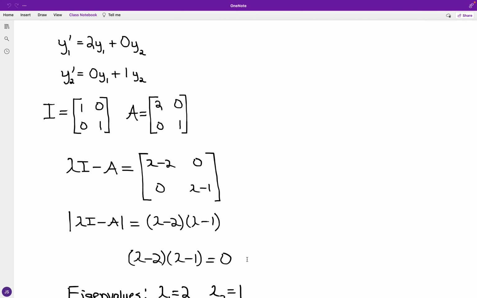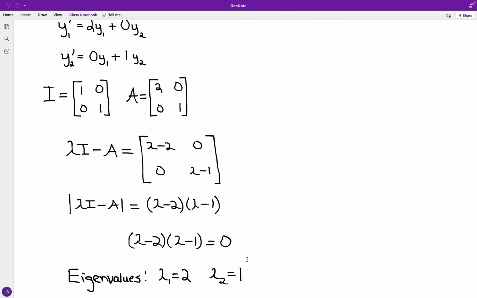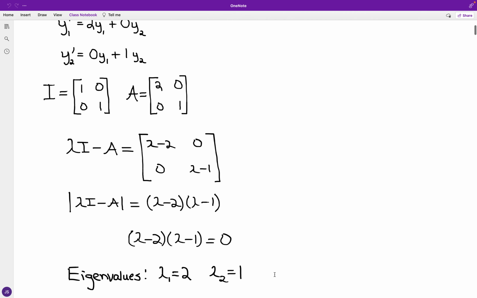Setting the determinant equal to 0 and using the zero product property, the first eigenvalue is lambda sub 1 equal to 2, and from lambda minus 1 set equal to 0, the other eigenvalue is lambda sub 2 equal to 1.